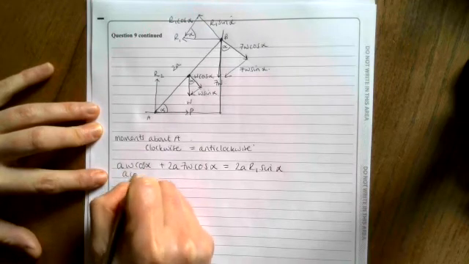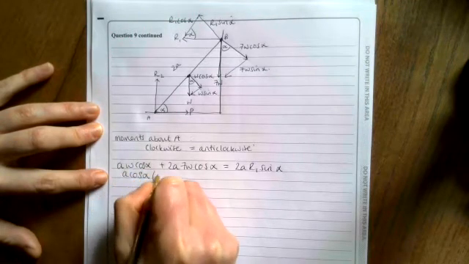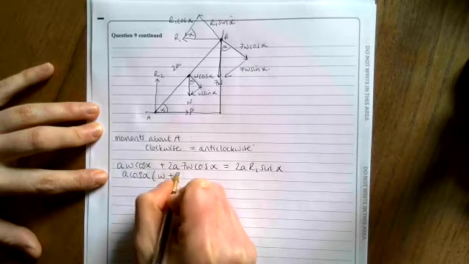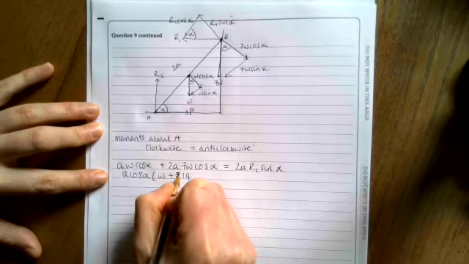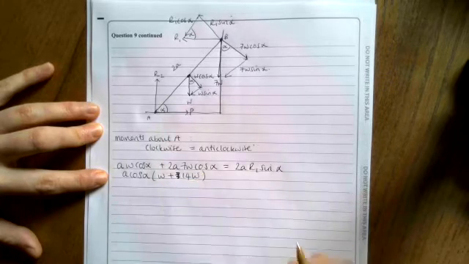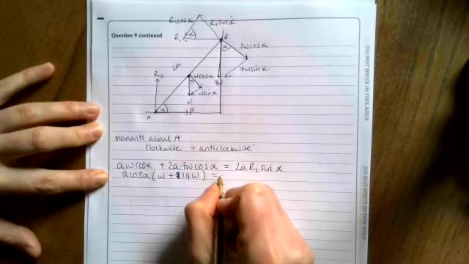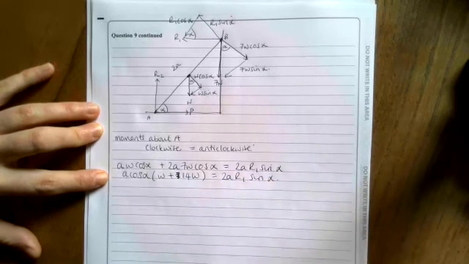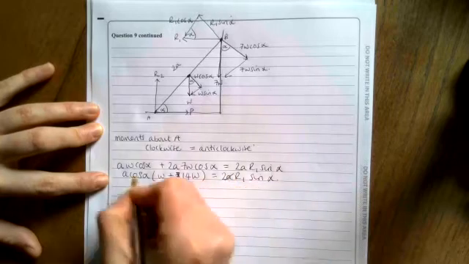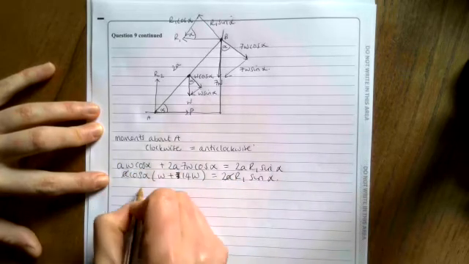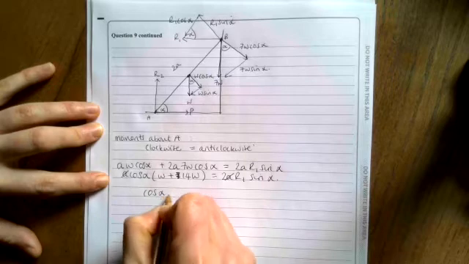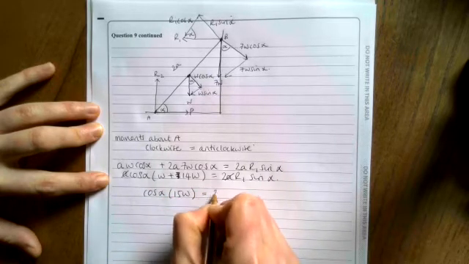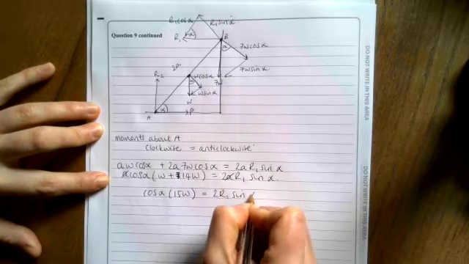So I get A cos alpha out at the front, for W plus 14W in the brackets, and 2A R1 sine alpha over here. The A's actually cancel. So I get cos alpha, and that's 15W, is equal to 2R1 sine alpha.